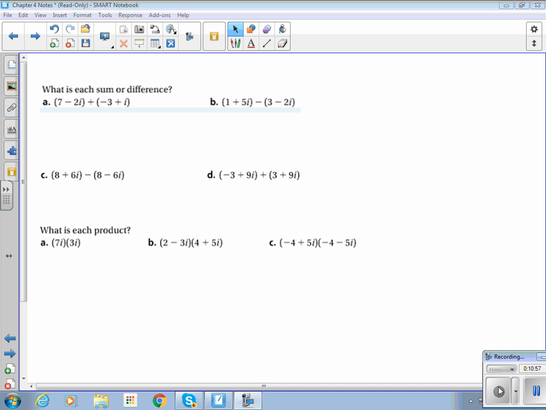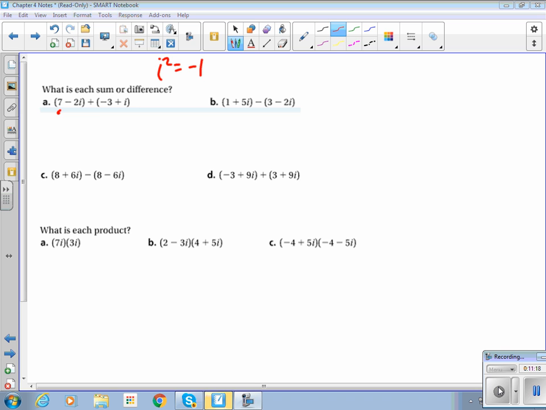So i squared is equal to -1. So you treat i just like you would a variable. It rolls around and you simplify it just like a variable, except at the end you replace i squared with -1. I'm going to put that up there so that we can remember that.